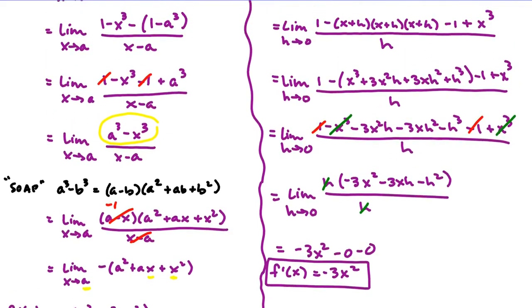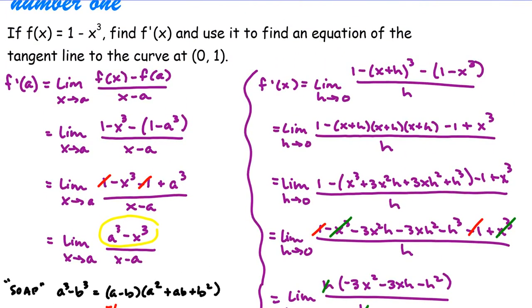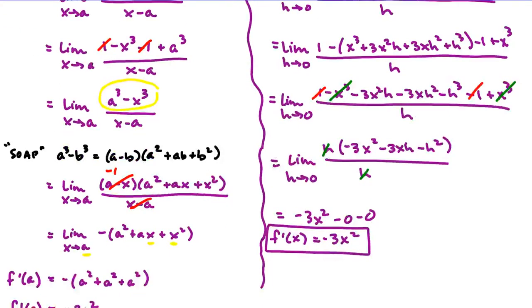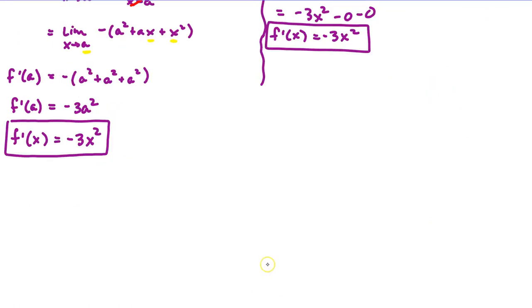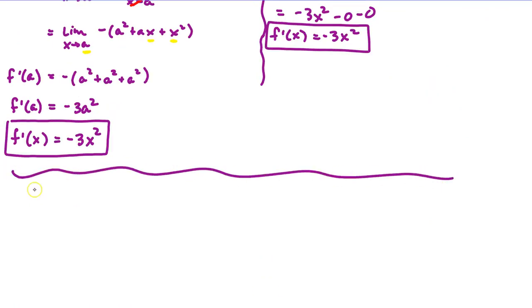Now, back to the problem. Find f prime of x, we did that, and use it to find an equation of the tangent line to the curve at the point 0, 1. So that's telling us that we're going to need to find the derivative at x equals 0. Okay, we can do that. Using the point 0, 1, f prime of 0 is going to be negative 3 times 0 squared. Well, that's just 0.